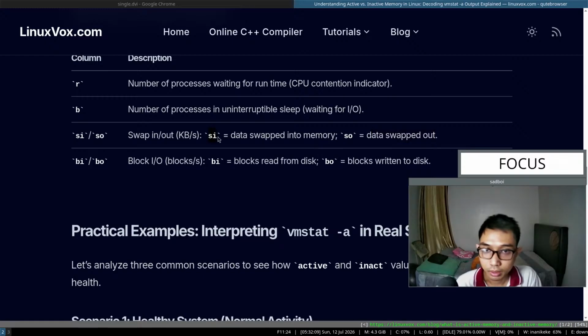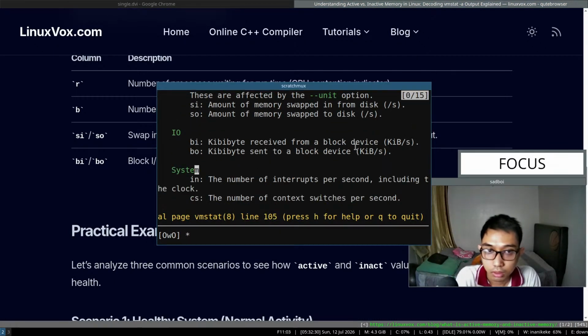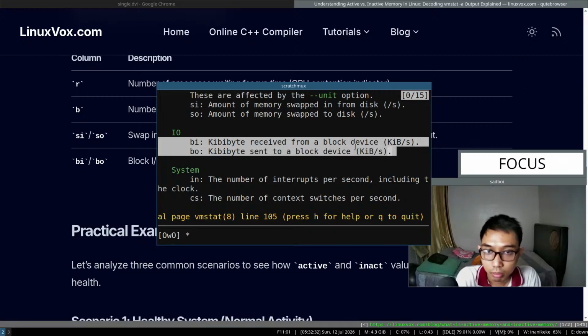Yeah, swap in into memory, swap out of memory. Okay, block input output. Oh, blocks read from this. This one. KB bytes received from a block device.